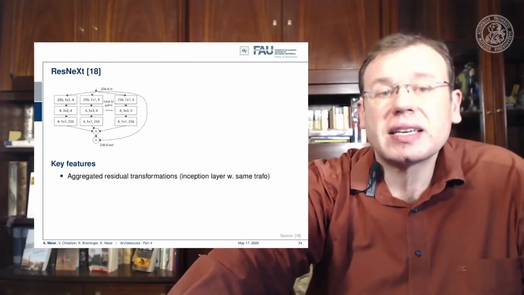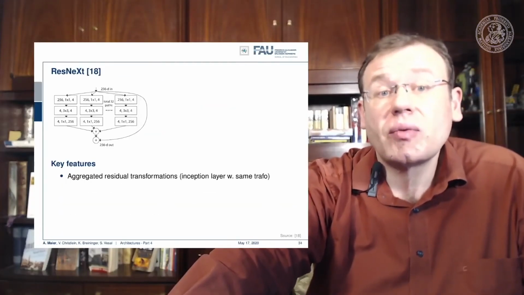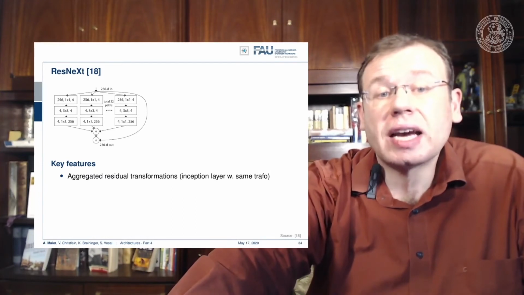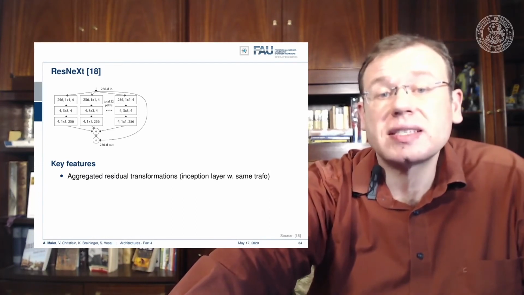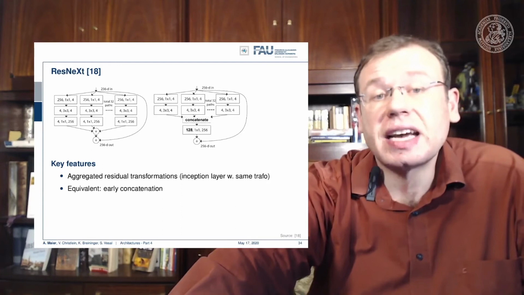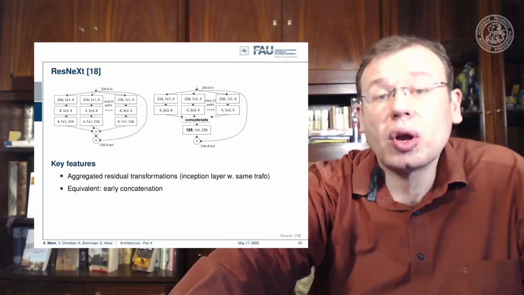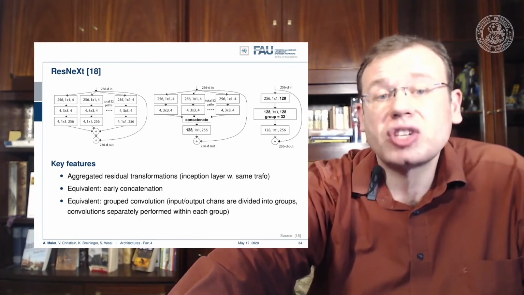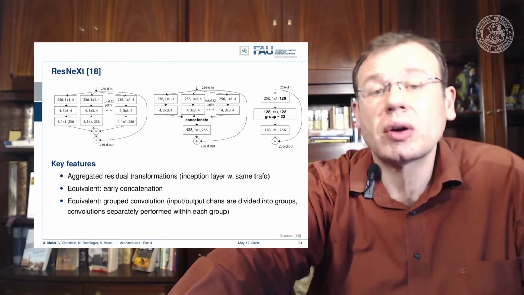There's also things like ResNeXt, where all of the previous recipes have been built together. It allows aggregated residual transformations. So you can see that this is actually equivalent to early concatenation. So we can replace it with early concatenation, and then the general idea is that you do grouped convolution.